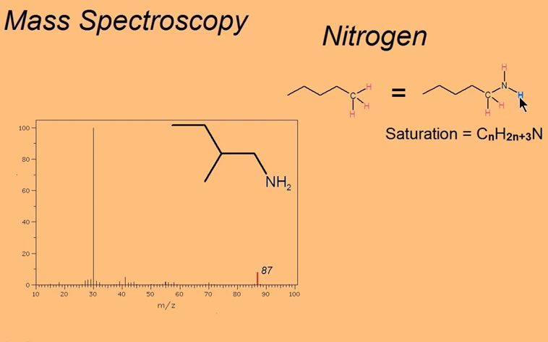So our hydrogen count is one more for saturation than we would normally expect. For alkanes, it would be CnH2n+2, but with that extra hydrogen with the amine, it's CnH2n+3. Of course, nitrogen in the formula as well. So an odd number for the molecular ion peak is often a sign that nitrogen is in your molecule. Of course, this can be backed up by vibrational stretches in the infrared spectroscopy.